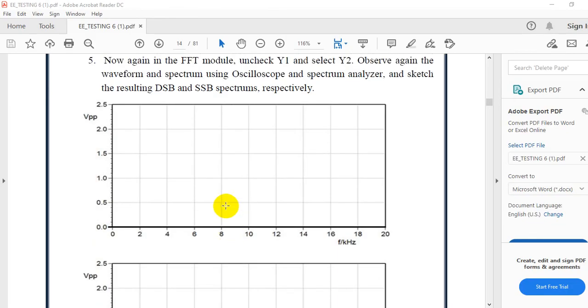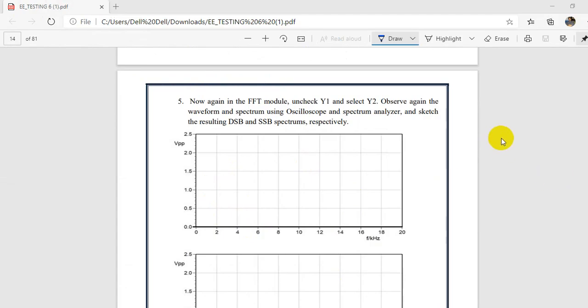You can plot your output here. It will be something like this. Around 9 and around 11 you will get like this.